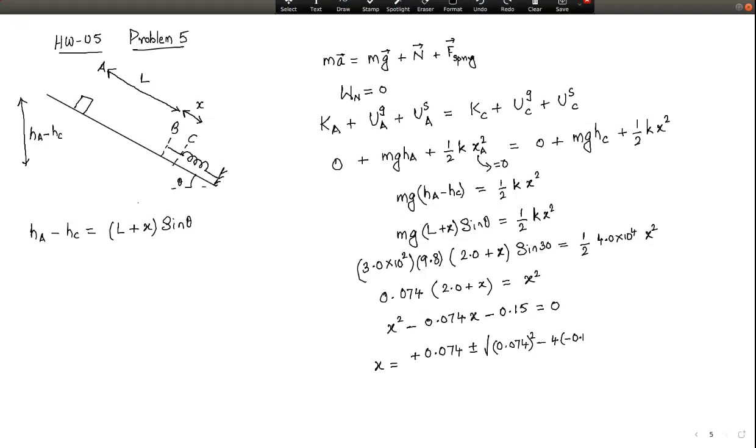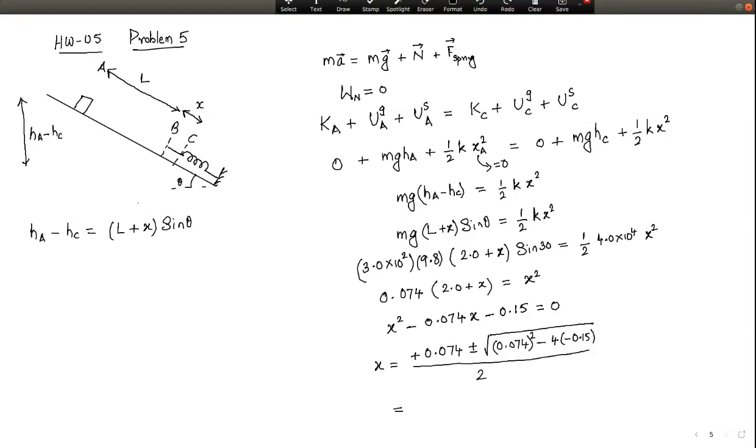So it becomes a positive quantity divided by 2. And that's equal to 0.074. That's insignificant actually. To two sig digits, the first term does not contribute.